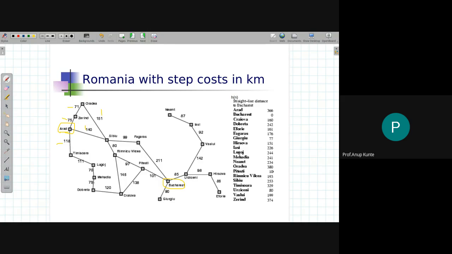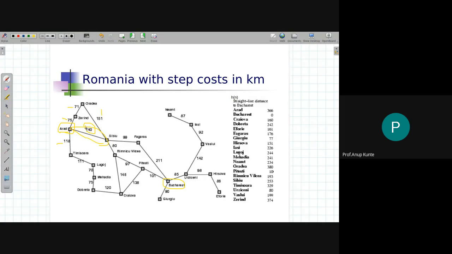So if I start from Arad and reach Sibiu following this particular path, it will cost me 140 units. It could be distances, say 140 meters or kilometers. We are not interested in the unit, we are interested in the absolute value, 140 units.